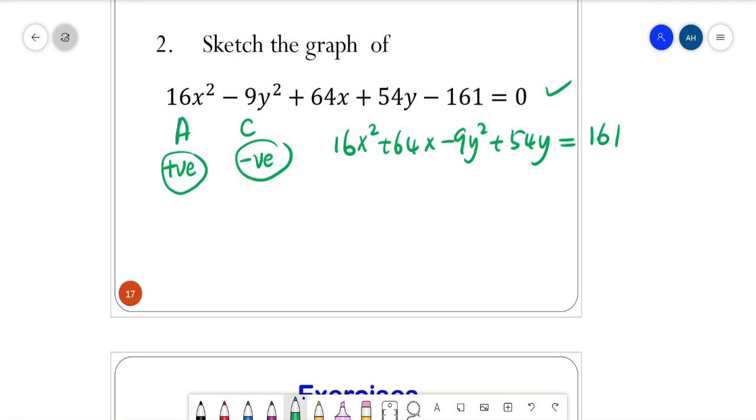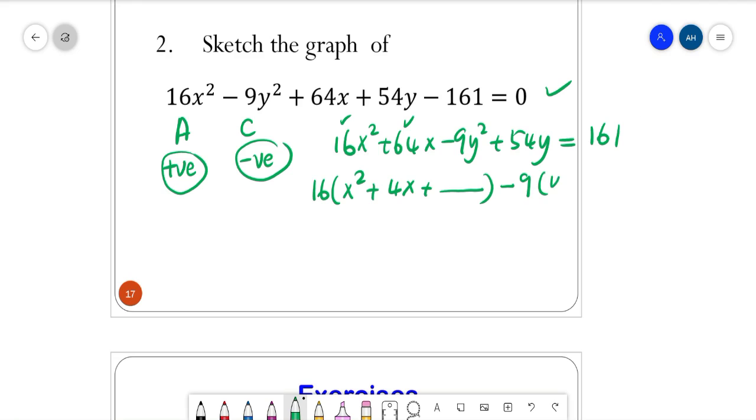Now first let's consider the terms with variable x only. We can factorize 16. What's left in the bracket is x squared plus 4x, since 16 times 4 is 64, and we have to add one number there. Between negative 9 and 54 we can factor out negative 9.